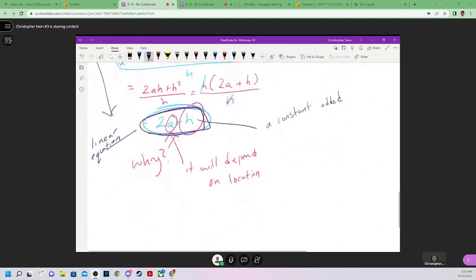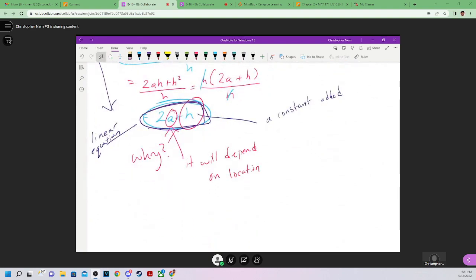Every time we calculate the instantaneous rate of change of a function, it's actually just one degree below the original polynomial. If you have a quadratic, it goes down one power, to linear. If it's linear, it goes to a constant. If it's cubic, it goes to a quadratic. Your rate of change will always be one degree lower than the degree of the original equation. So that's a very interesting property.